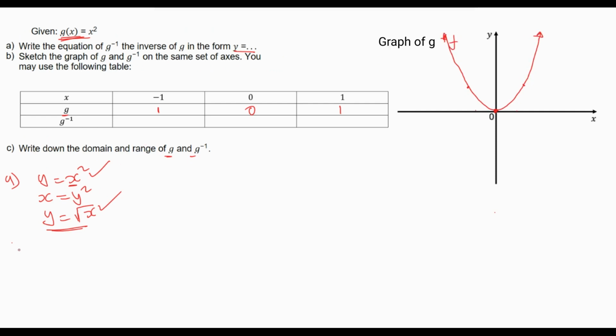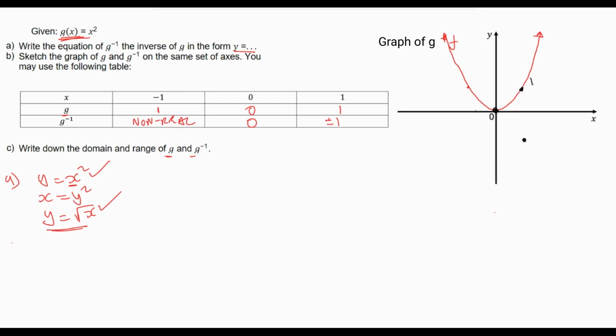And then let's do the inverse. If x is negative 1, the square root of negative 1 is non-real. So we don't have an answer here. The square root of negative 1 does not exist. The square root of 0 is 0. Then the square root of 1 is positive or negative 1, so we have two answers there. With 0 we have 0, and with 1 we have positive 1 and negative 1.